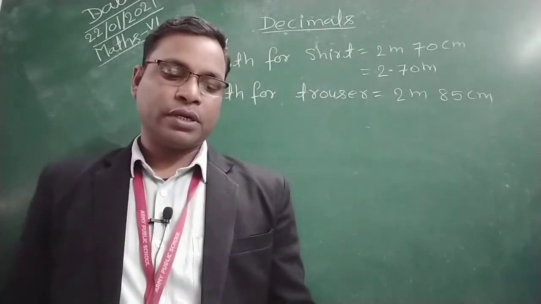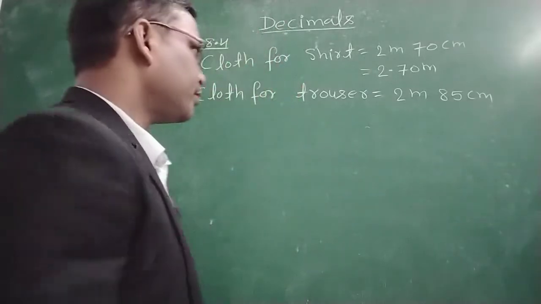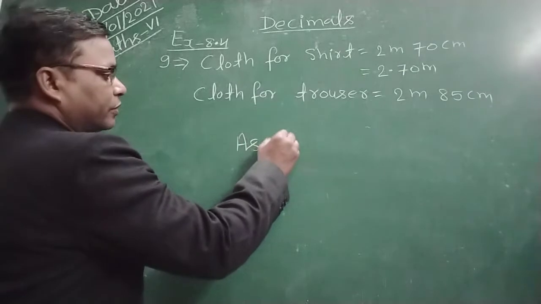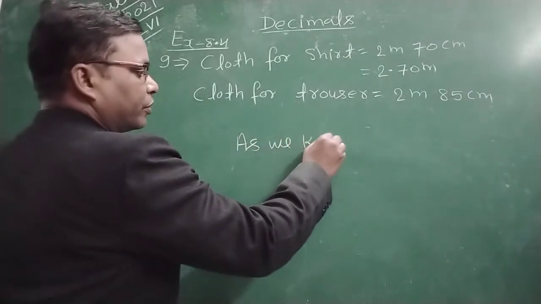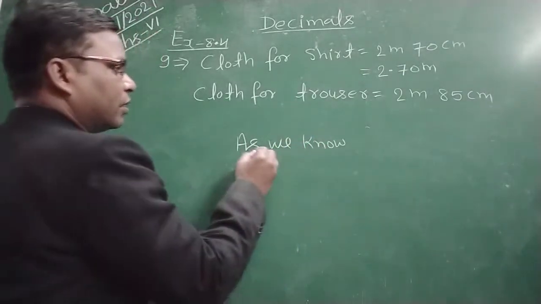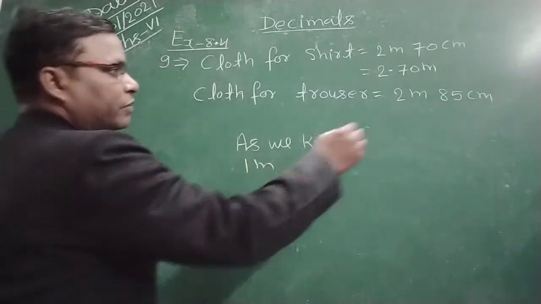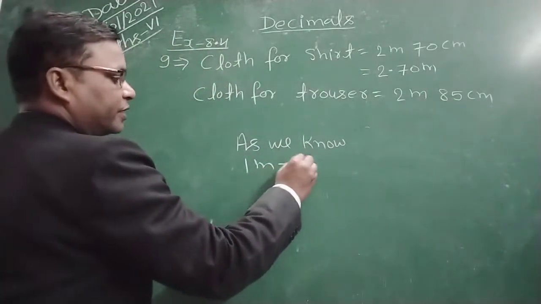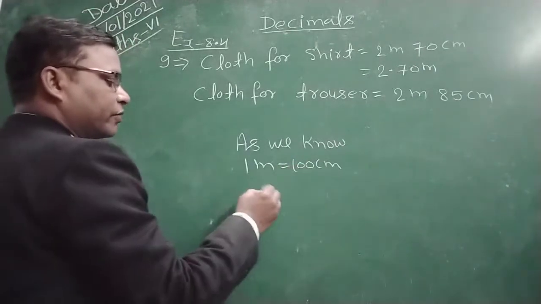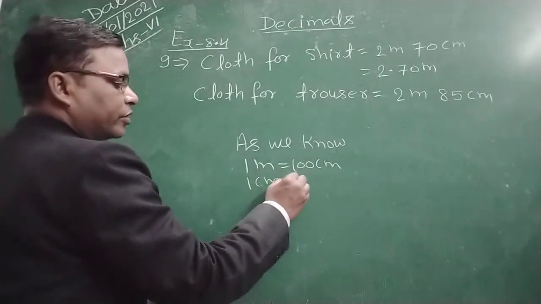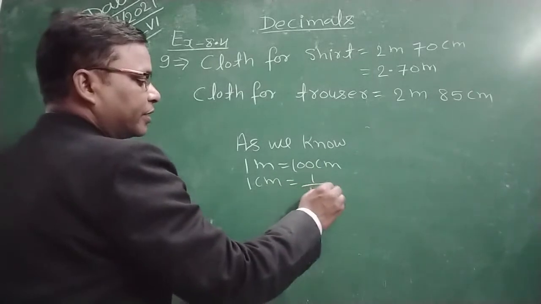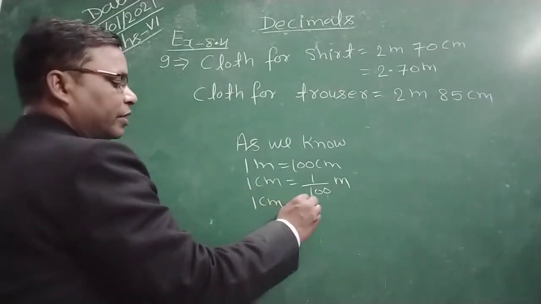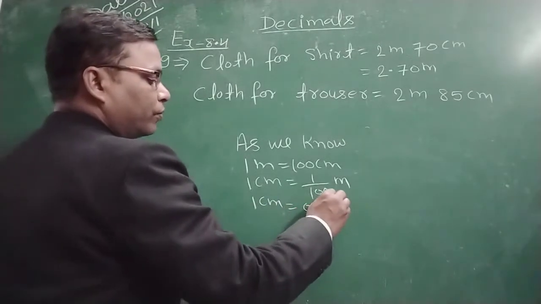Okay, so as we know, first we convert this 85 centimeter in meter. 1 meter is equal to 100 centimeter, or you can say 1 centimeter is equal to 1 by 100 meter. This is clear? Or 1 centimeter is equal to 0.01 meter.